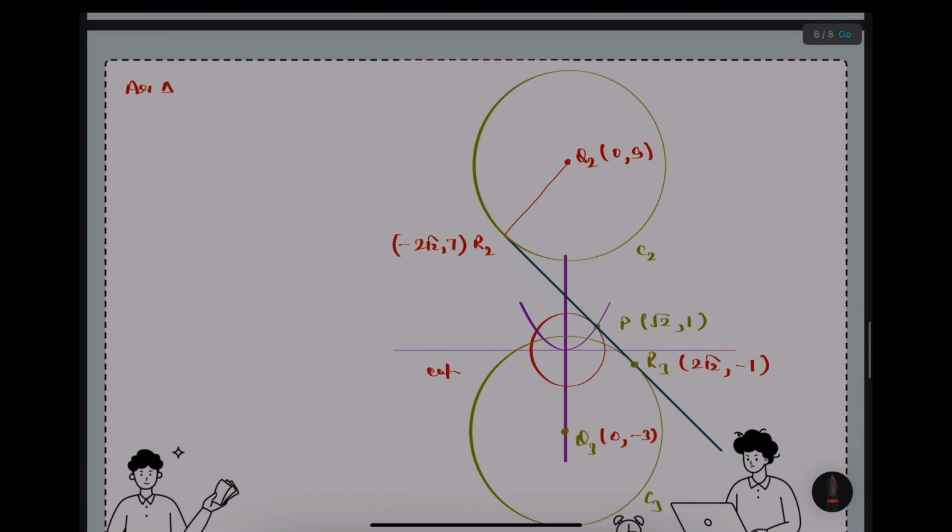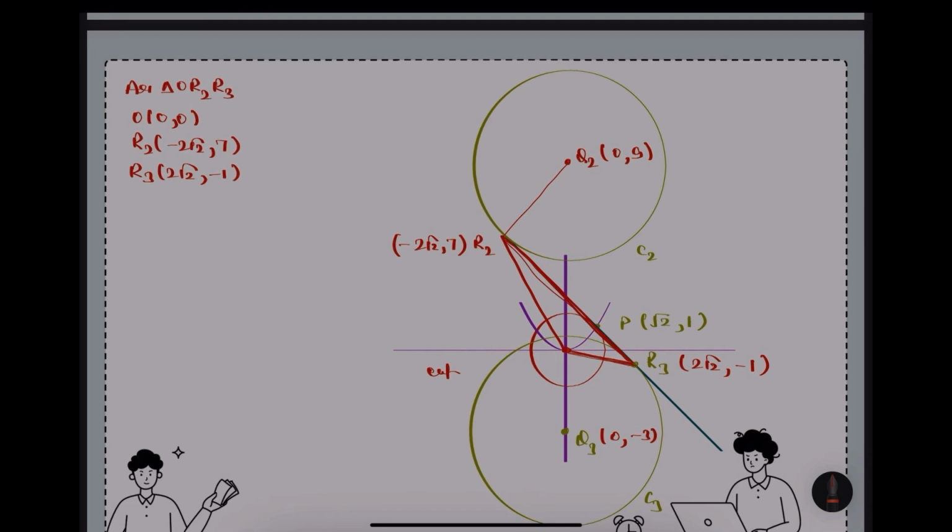Look at this, you know this is the origin, so you have to connect this and then find out this part. Can I say that O is 0 comma 0, R2 is minus 2 root 2 comma 7, R3 is 2 root 2 comma minus 1?